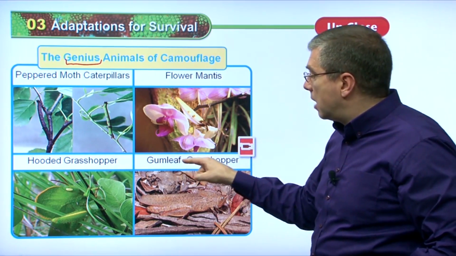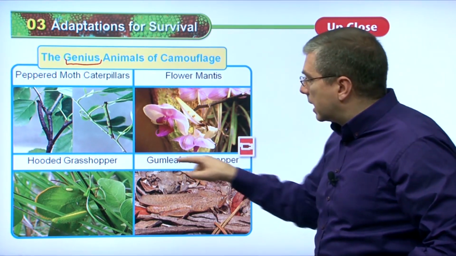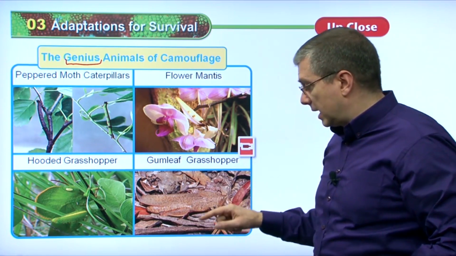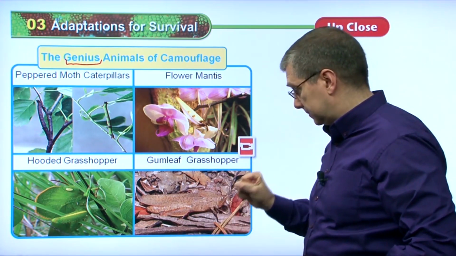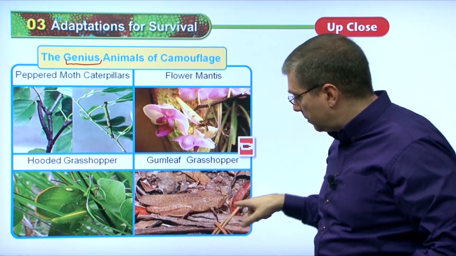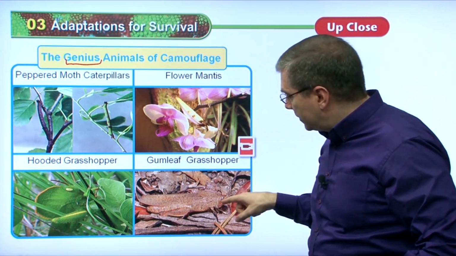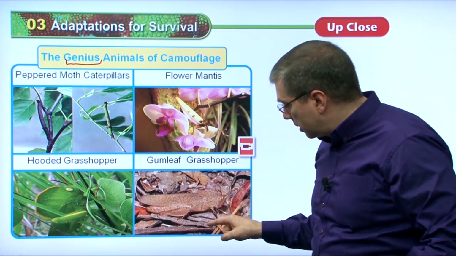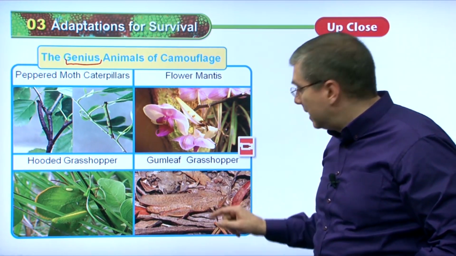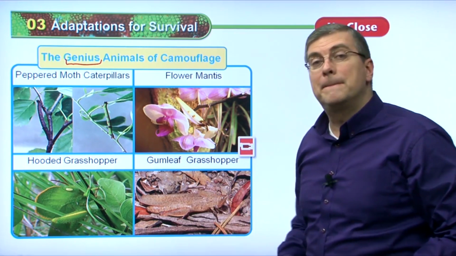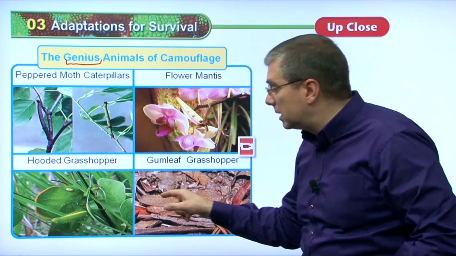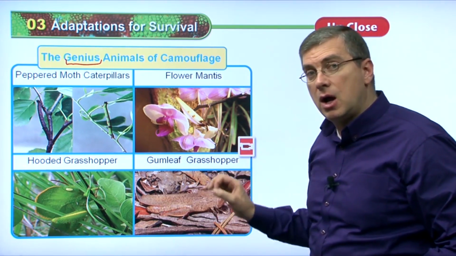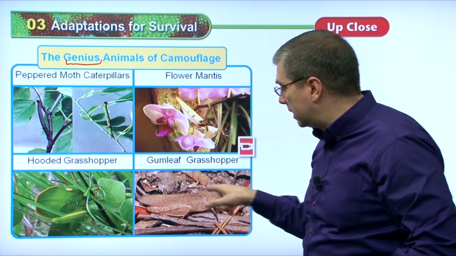Down here we have the gum leaf grasshopper. Gum leaf because it looks like a gum leaf, the type of plant. Can you see the grasshopper? It's a little hard to see. The grasshopper's body, not only is it the same color as the plant it's hiding on, it even has the same pattern. It looks like a leaf because of the pattern on its body. It looks like a gum leaf.